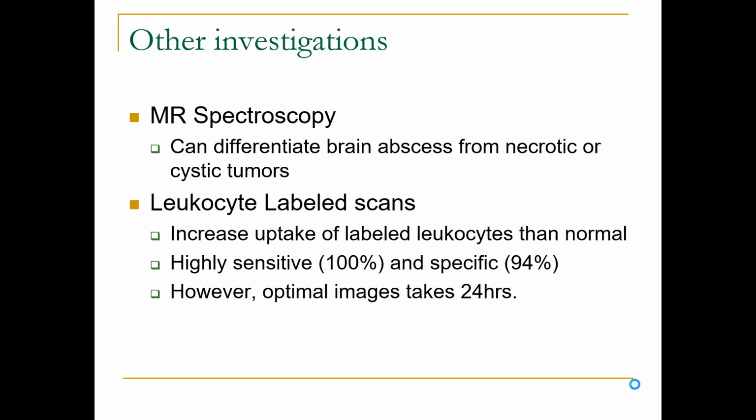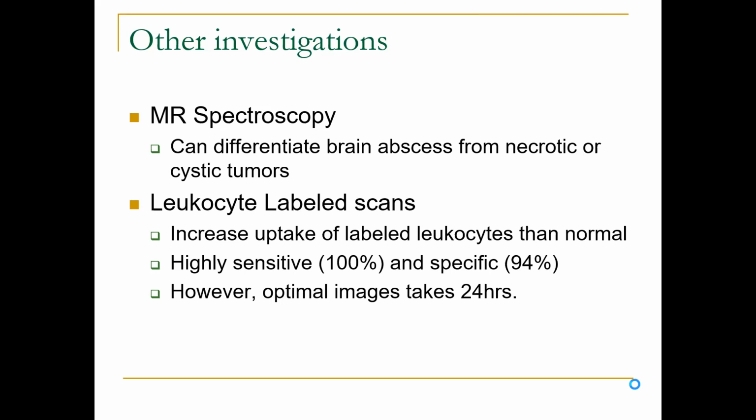Basically, the CT scan, the MRI, and the MR spectroscopy all need separate lectures. We have to explain it to you. But inshallah, within the next lecture, I will combine MR spectroscopy and MRI together so you can know it better, right? So MR spectroscopy is basically the entity which differentiates brain abscess from cystic glioma, right?